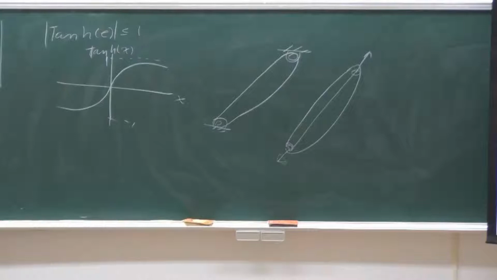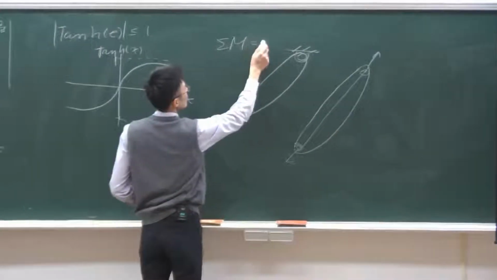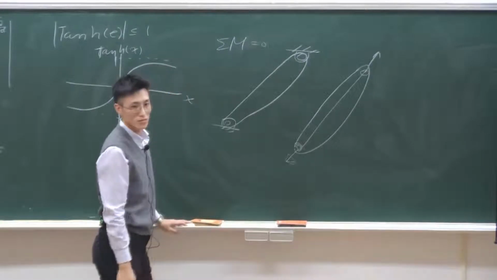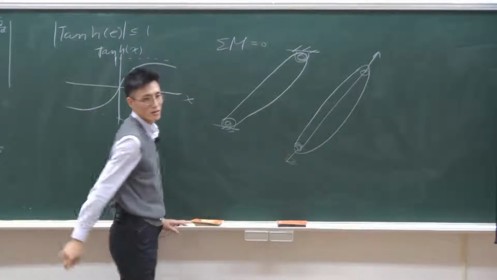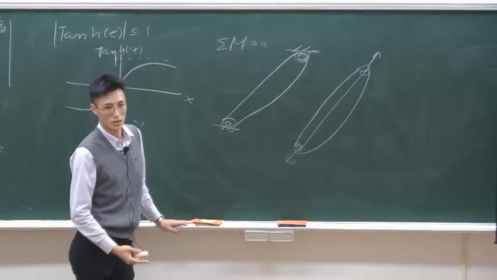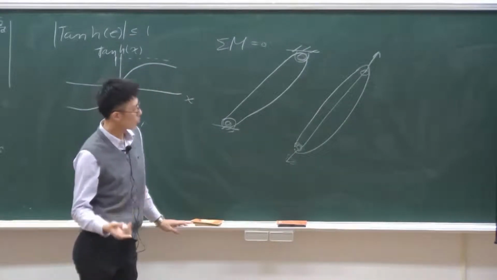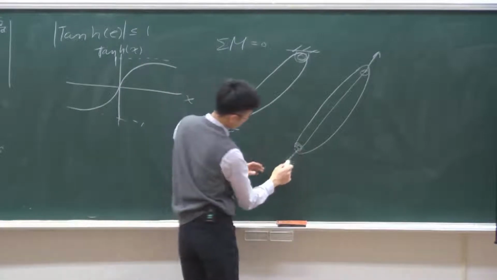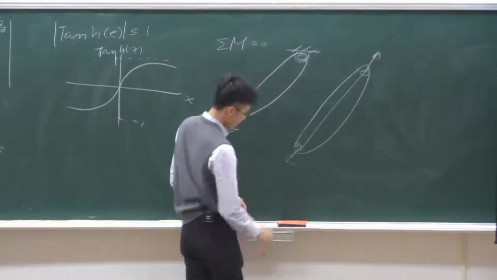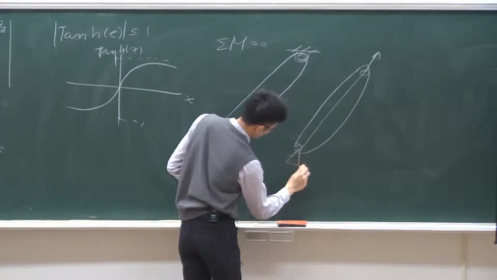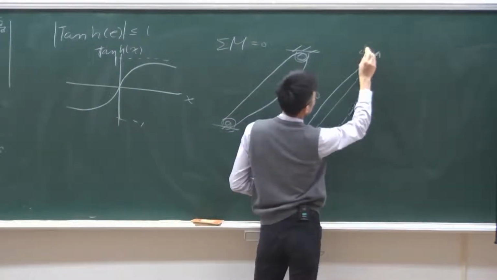So by observation it is static, right? Static means that there's no torque, or the summation of the torque is equal to 0, right? But the joint is frictionless, so there's no external torque. The only potential torque might come from the two forces, right? For example, your force is here and your force is here.